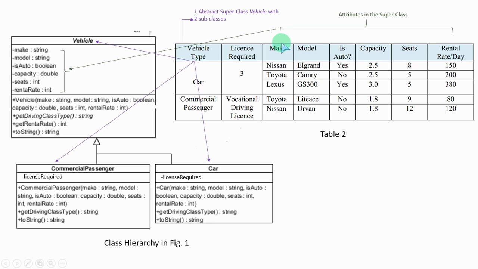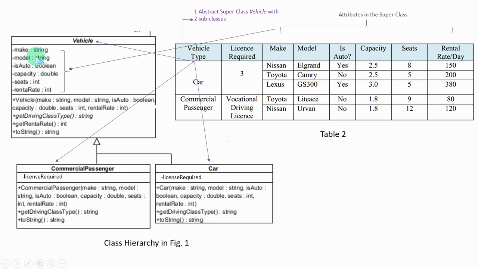Then we realize that all different types of vehicles have the same attributes, from the make to rental rate per day. So these attributes, make, model, is it auto, capacity, seats, and rental per day, are all captured in the attributes of the superclass because this information is shared by all different types of vehicles.